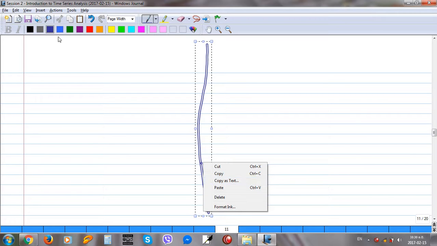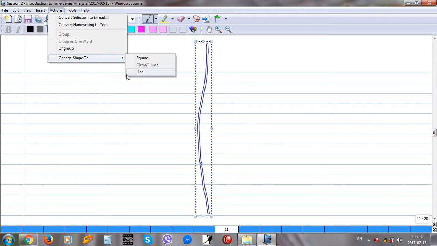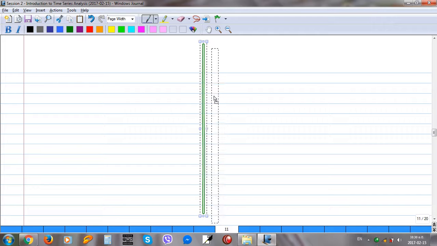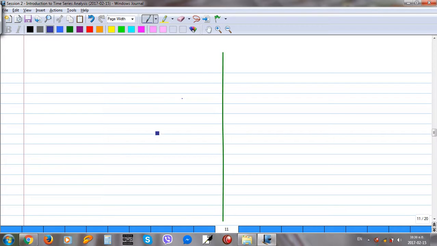So then the second property we need to find. Now we are going to find the autocovariance function.